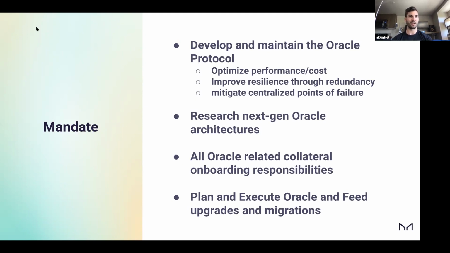We're also going to be creating all of the Oracle releases, planning those releases, and executing those releases, right? So when smart contracts need to be updated, when feed clients need to be updated, right? These are pretty extensive events, right?